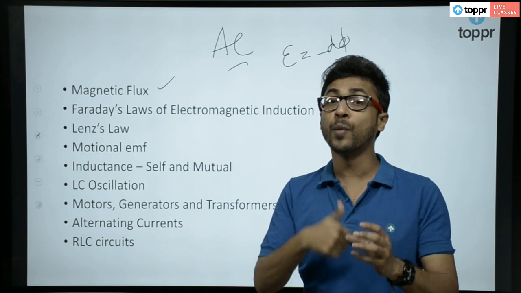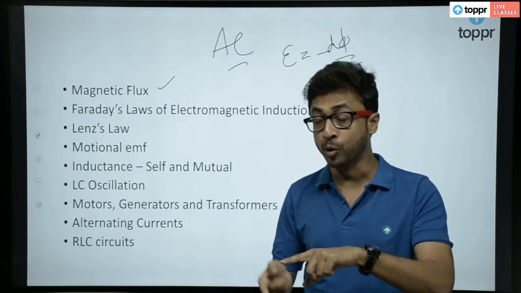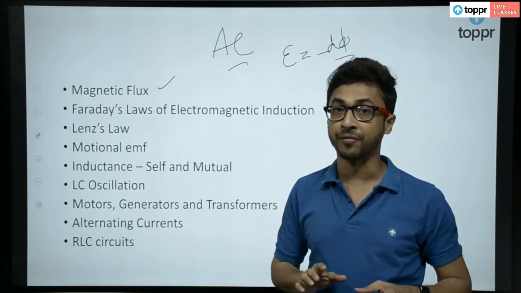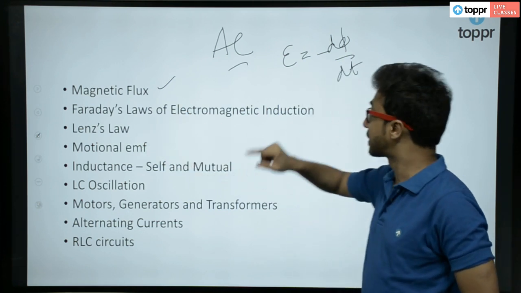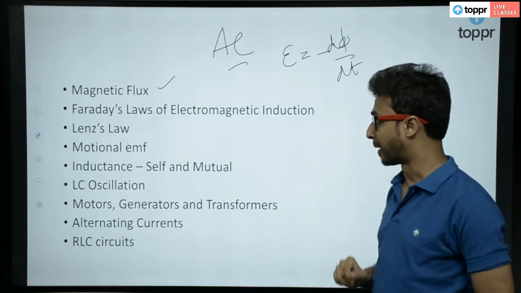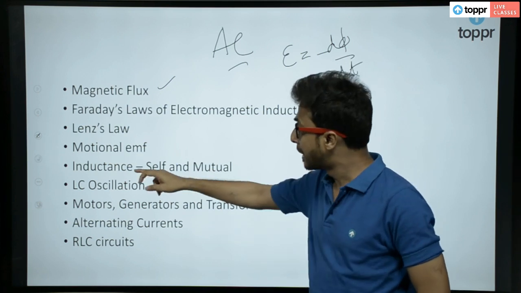The current will flow in such a way that it generates a magnetic field which opposes the magnet creating this EMF. Hence, for Lenz's law we provide a minus sign in the formula, which will lead to the motional EMF.